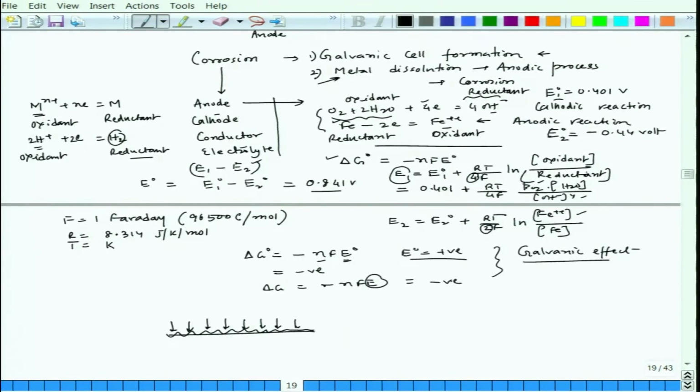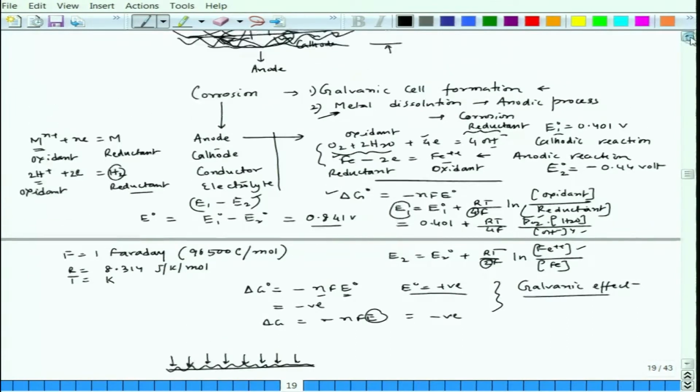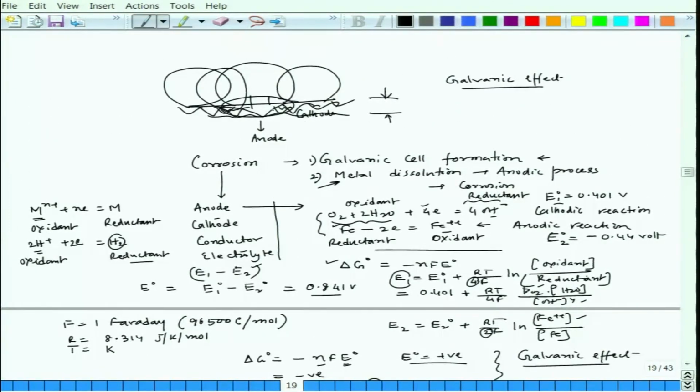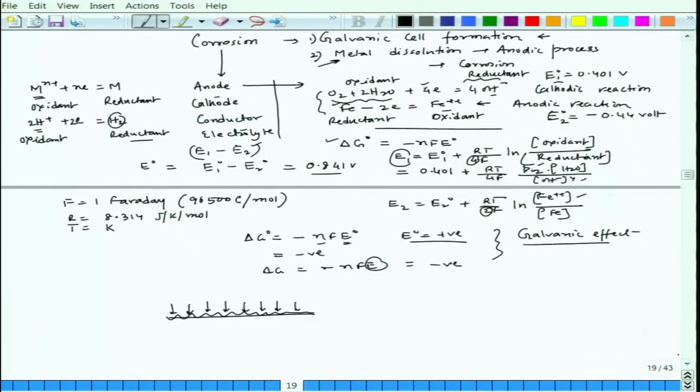So, it is basically just like, for example, in the droplet case, we see that the peripheral part is preferentially cathode, the central part is preferentially anode, but there is no such preference here. Hence, the corrosion is taking place uniformly over the entire cross section.